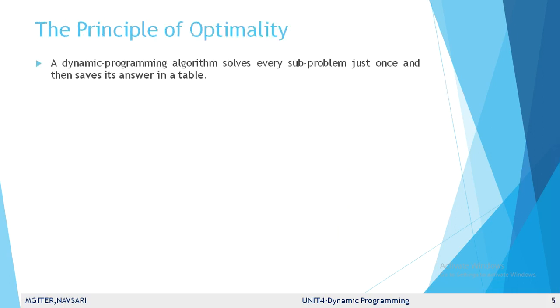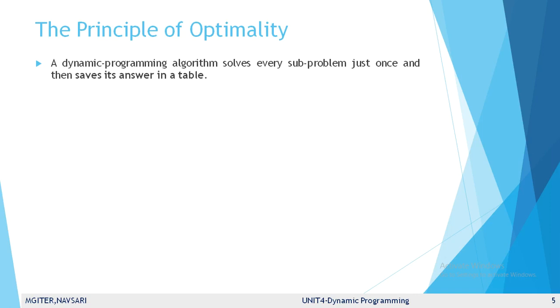Now dynamic programming uses the principle of optimality. Now what is the principle of optimality? In dynamic programming, the large problem is divided into smaller subproblems, and each subproblem is solved only once, and the answer of each subproblem is stored in table form. So from each subproblem we find the best optimal solution.